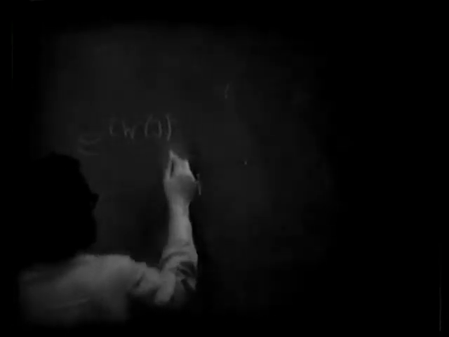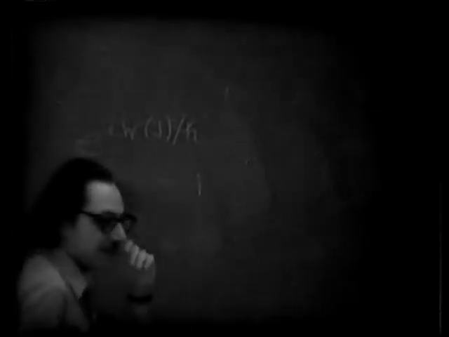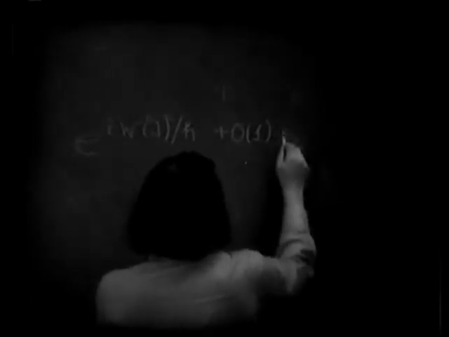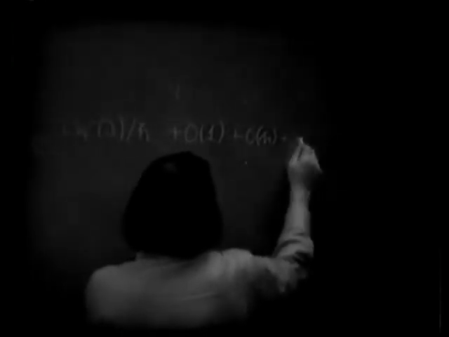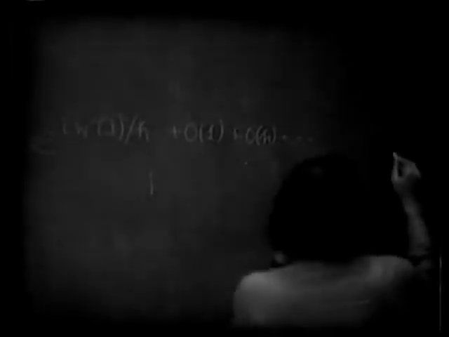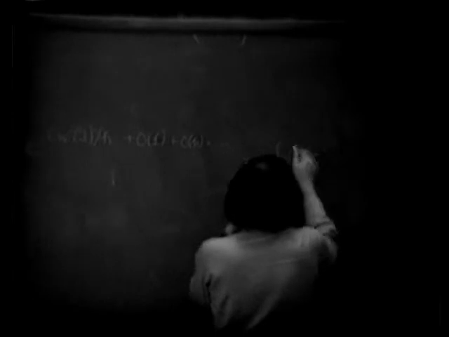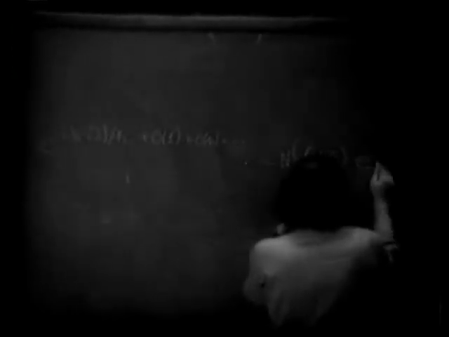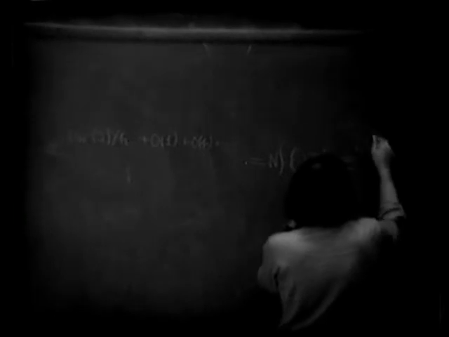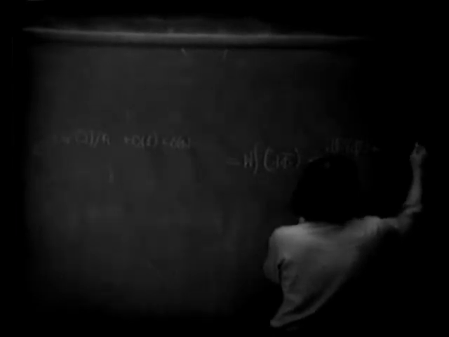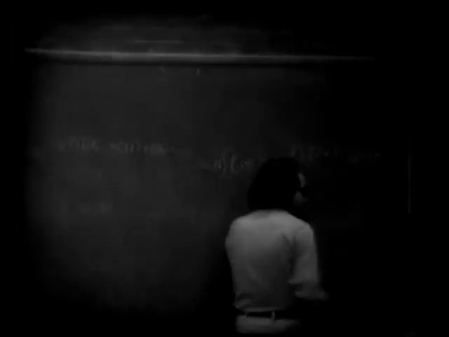Here, e to the iW of j, I'll now put the h bar in, just as before, over h bar, plus order 1, plus order h bar, etc., equals integral d phi bar, normalization factor that I don't really care about, e to the i gamma of phi bar plus integral j phi bar over h bar. Why did I write down this equation?